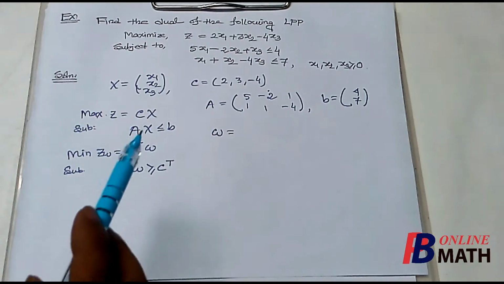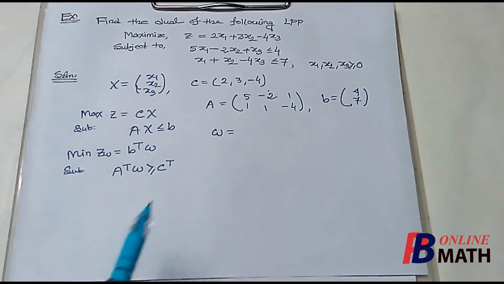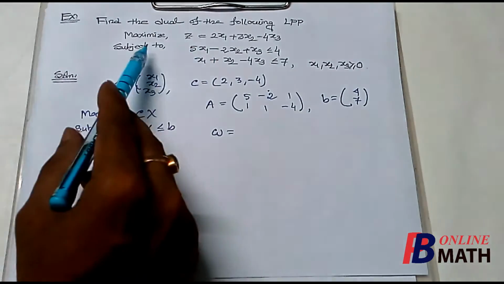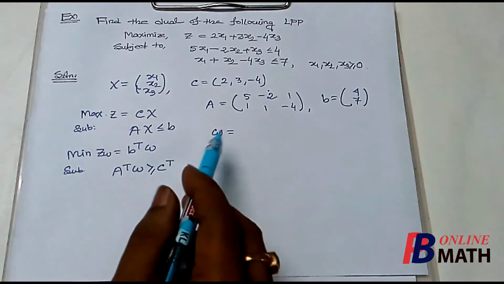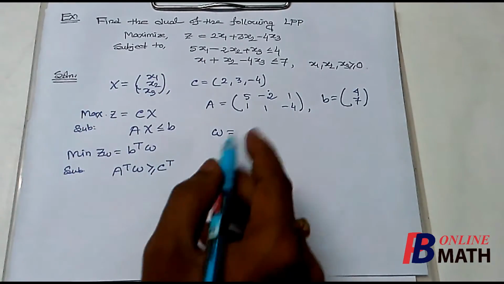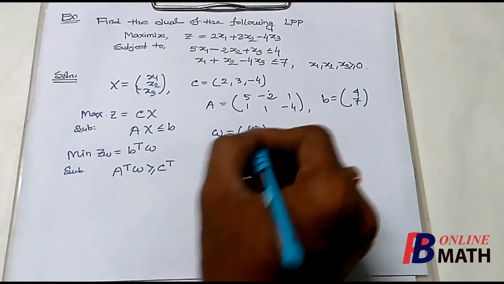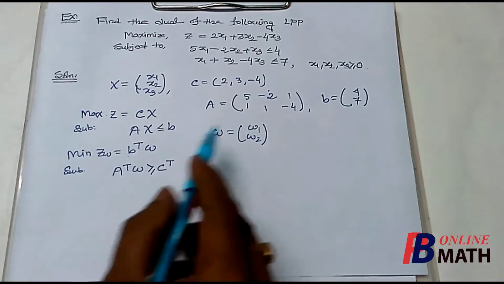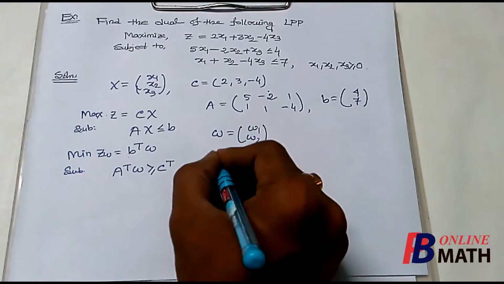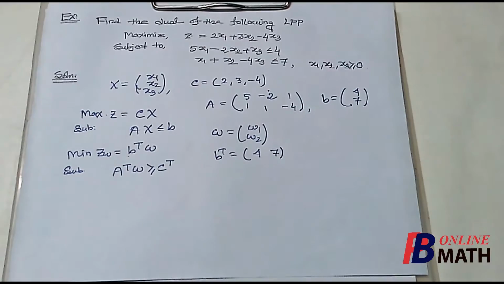Now we know that the number of constraints in the primal problem will be the number of variables in the dual problem. Since this problem has only two constraints, in the dual problem we have only two variables, which will be omega 1 and omega 2. Now let us find B transpose. This is B, so B transpose will be the row vector 4, 7.